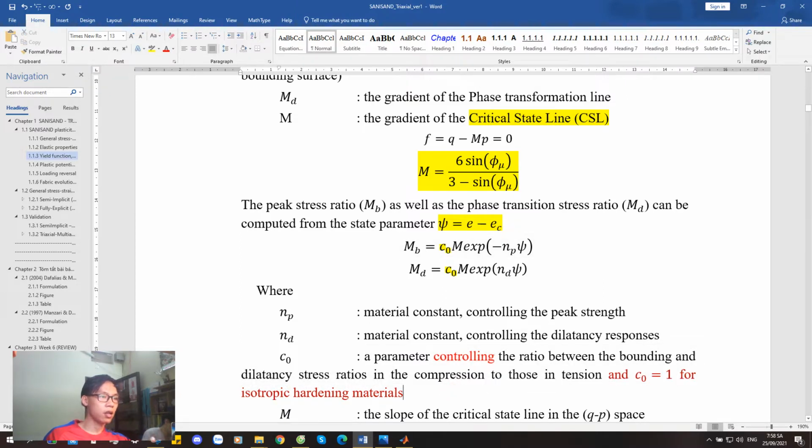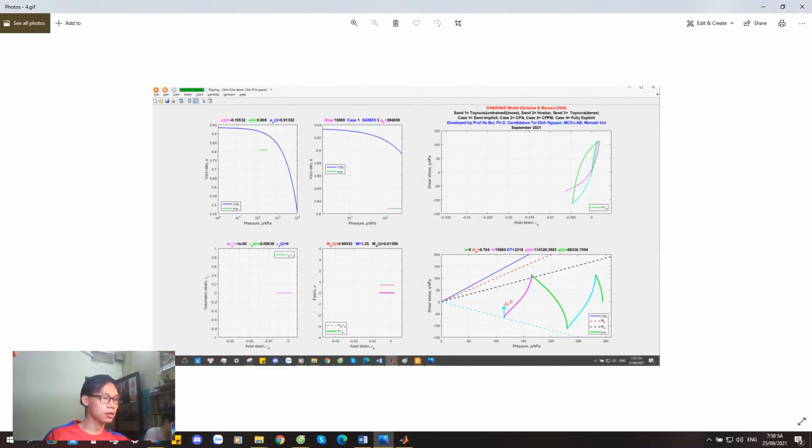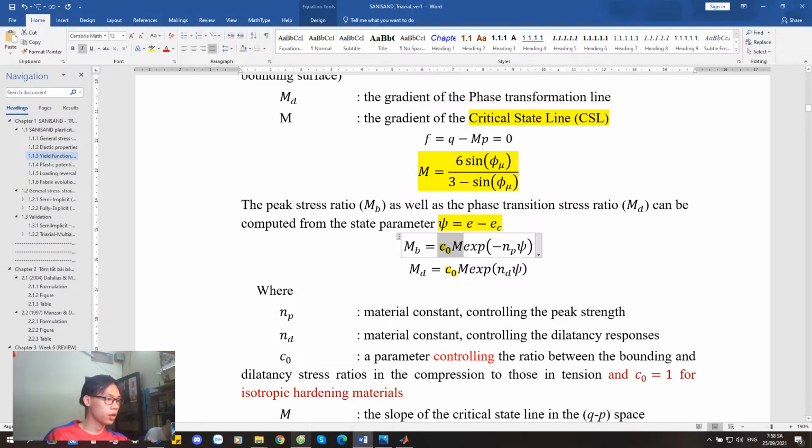So when we load, we use C0 equal 1, but when unloading we have to use the new C0. Okay? And especially there's that M, it actually changed. You have to use C0 for the M2. Okay? So we have the load and unload like that. Wait, I'll show you.